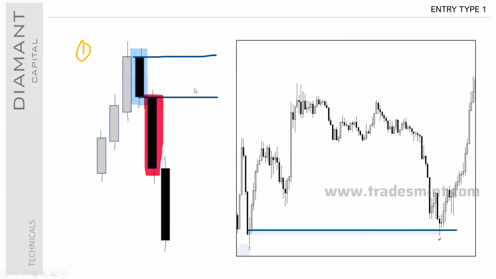So in this example right here, what do we have? We've got an example of the first engulfed candle that we see. Now, if you were trading off the first type of order block that we talked about, what would you have expected? The down candle before the up candle. It's this massive candle right here.